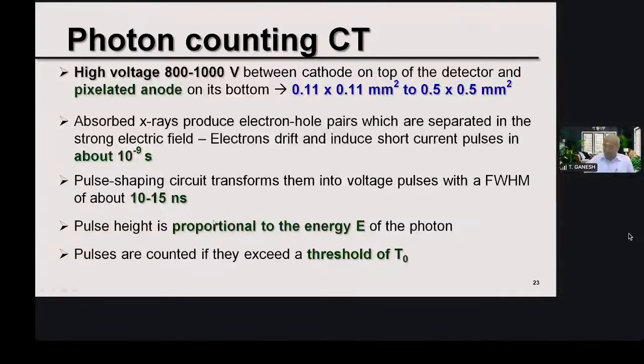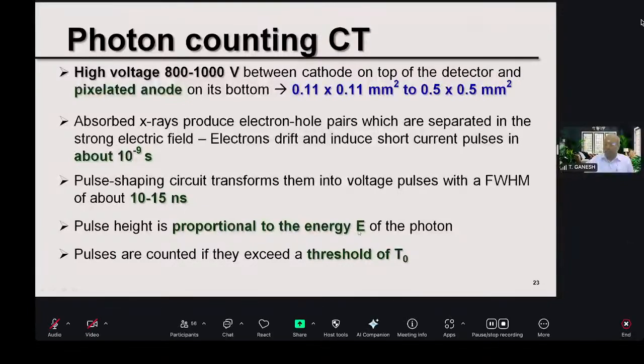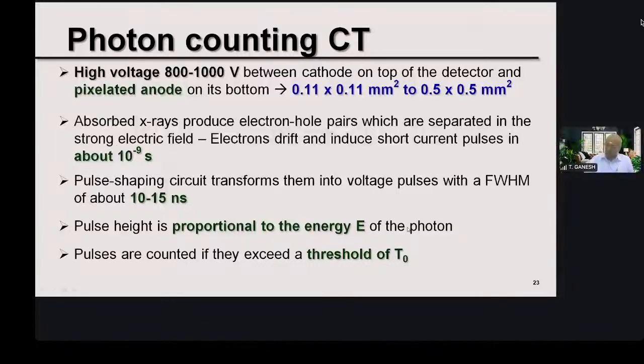The pulse height, very importantly, is proportional to the energy E of the photon. The larger the energy of the photon, the larger the height of the pulse. The pulses are counted if they exceed a threshold T0. We will see in the subsequent slide what it is and how it helps.